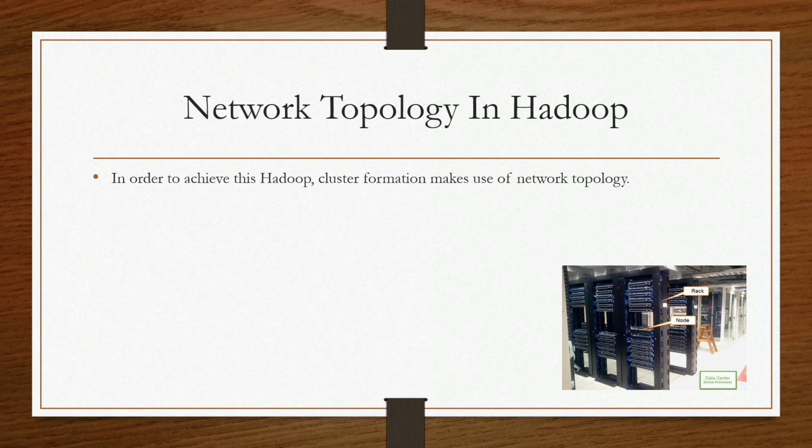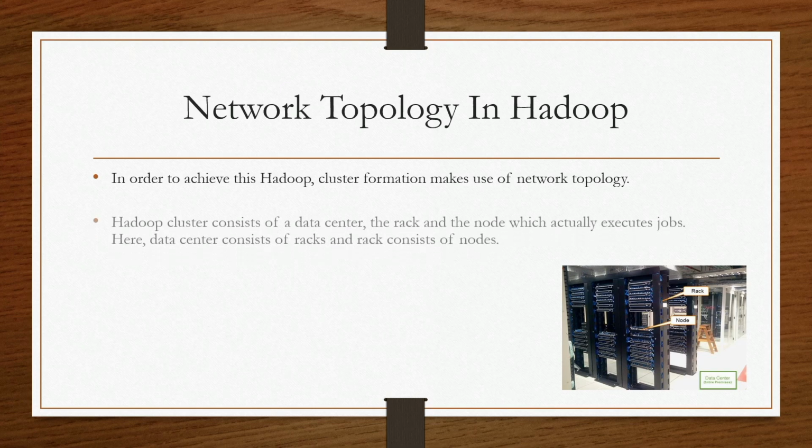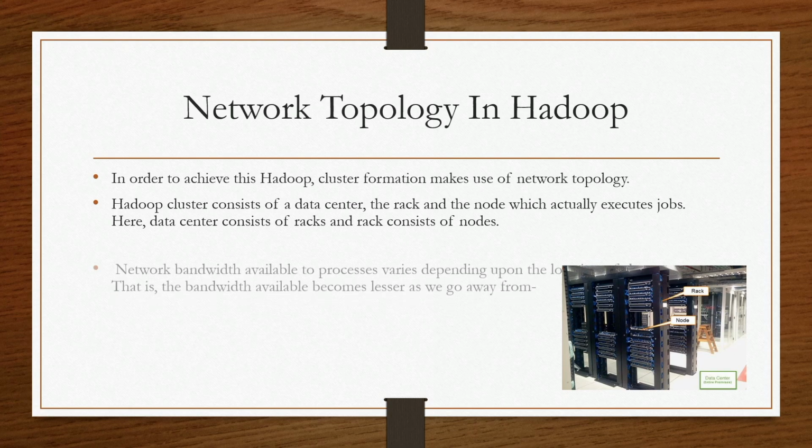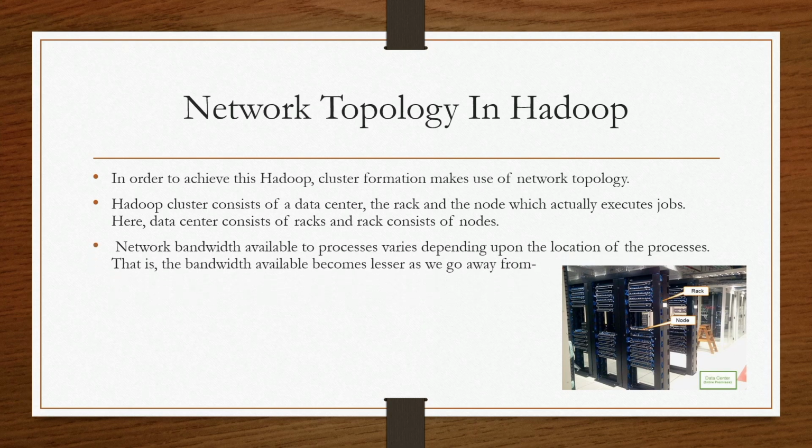In order to achieve this, Hadoop makes use of the network topology for cluster information. Typically, network bandwidth is an important factor to consider while forming any network. However, measuring bandwidth could be difficult, so in this case the tree is considered an important factor in the formation of the Hadoop cluster.